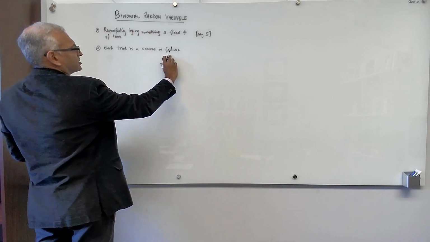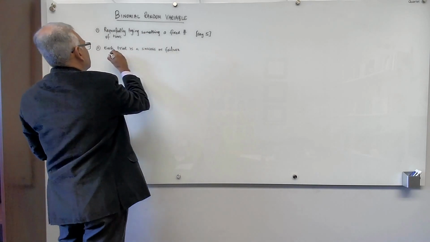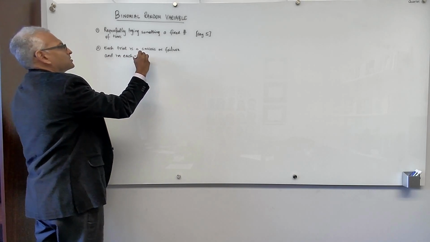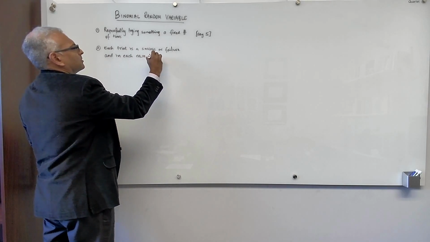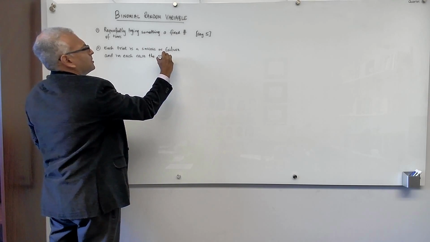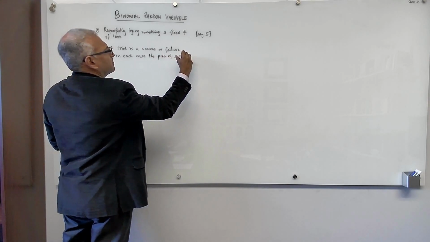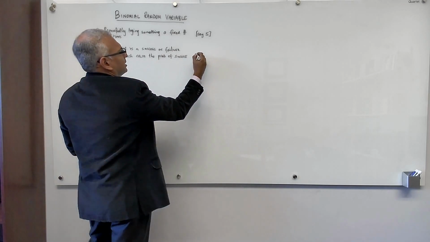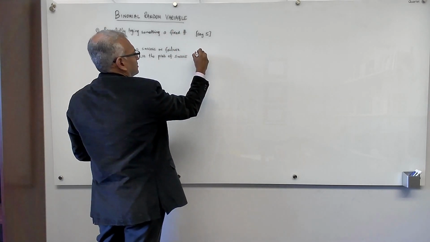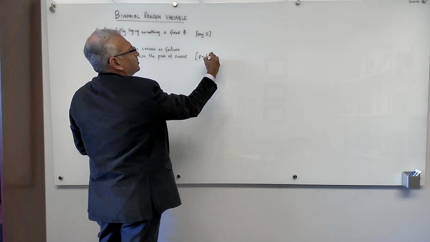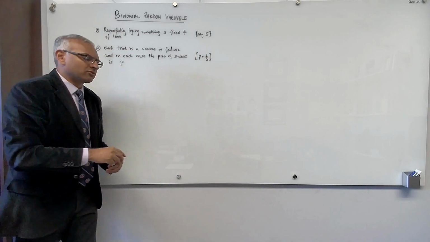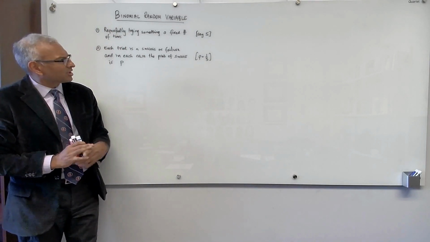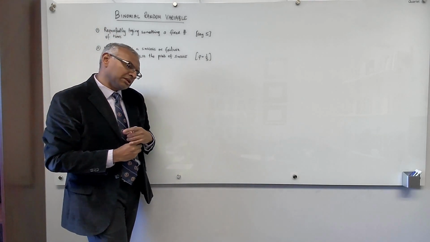Each trial is a success or failure, and in each case the probability of success is p. So for example, p could be 1/3. That means you're trying something over and over, a fixed number of times, let's say 5, and each time you succeed with probability p.